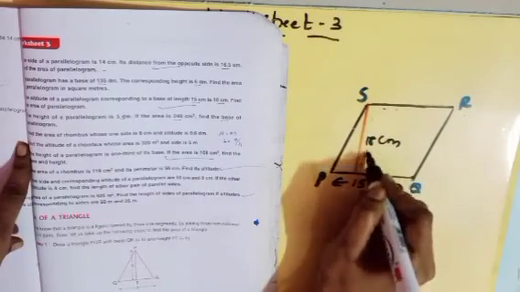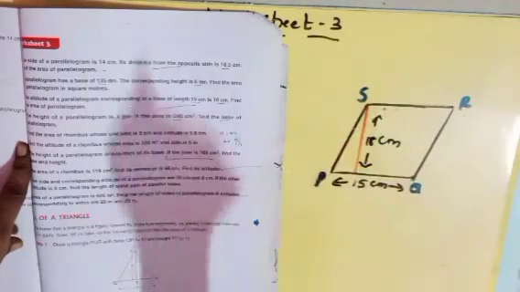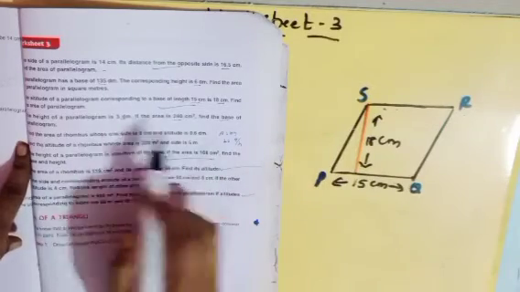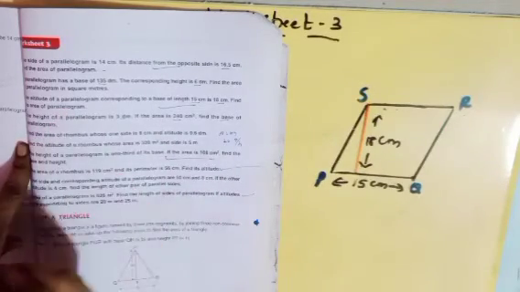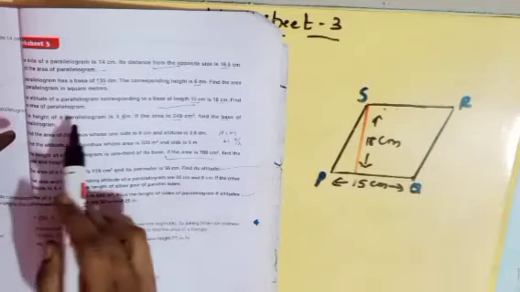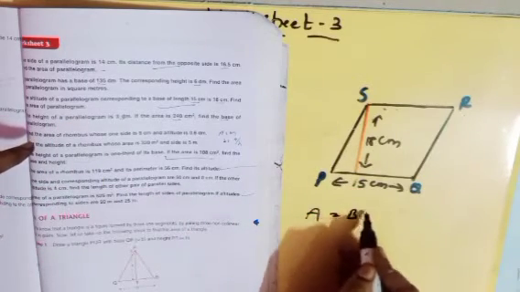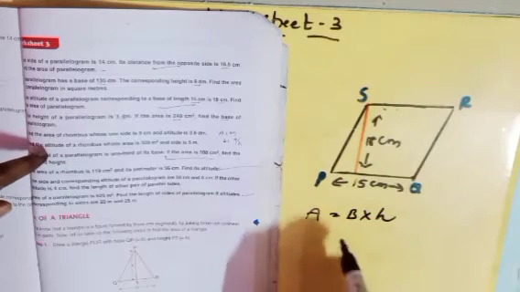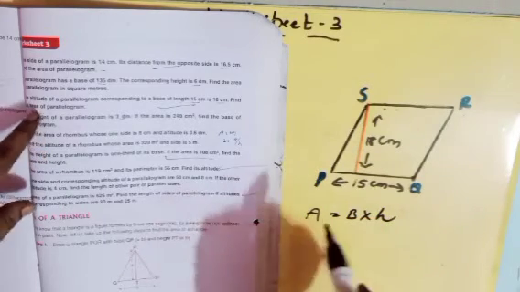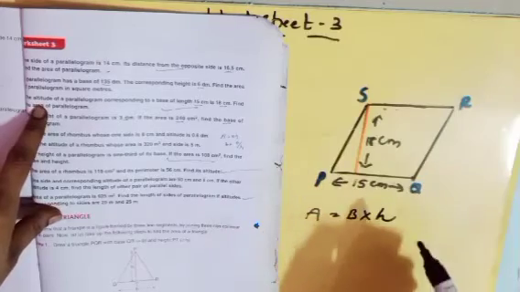What we have to find is the area of the parallelogram. The formula is base into height. So apply this formula and find the answer for the third one. Take it as homework.